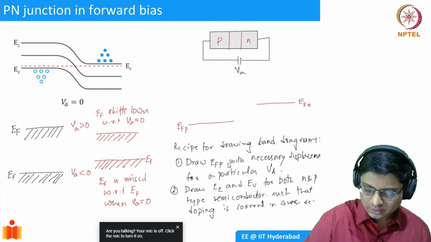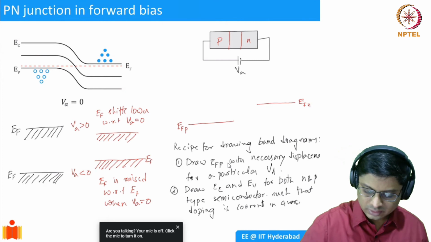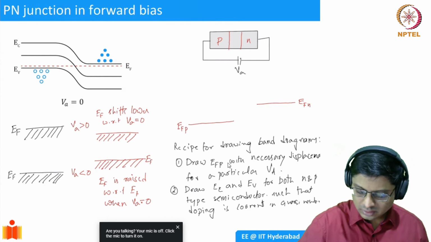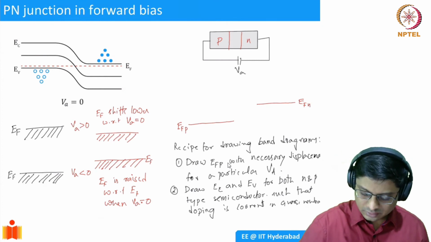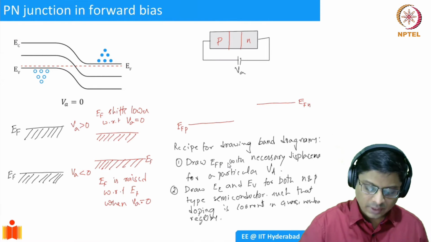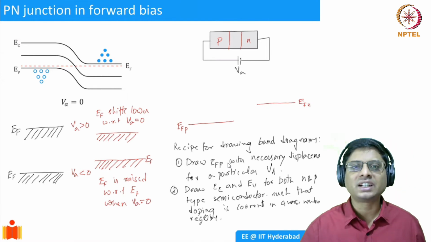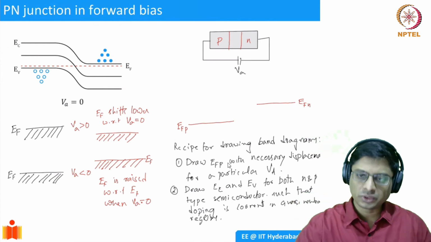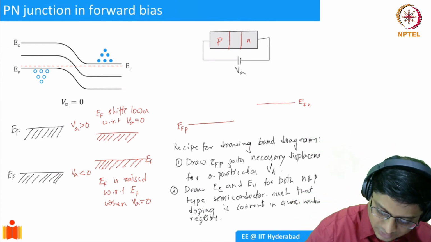I'm running out of space. Okay. So essentially, if you are having an n-type semiconductor, your EC has to be closer to EF. So EC will be somewhere here.